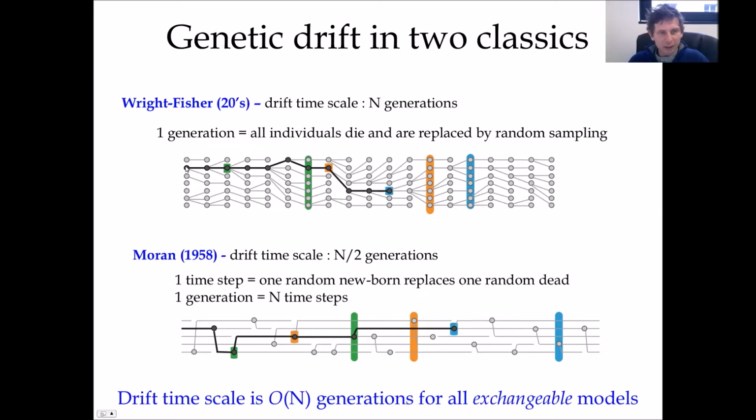What we notice when we do that is, in the long run, only a single individual, that I have highlighted here in black, will be the ancestor of the whole population in the future. Everyone else will have descendants that will vanish at some point in the future.